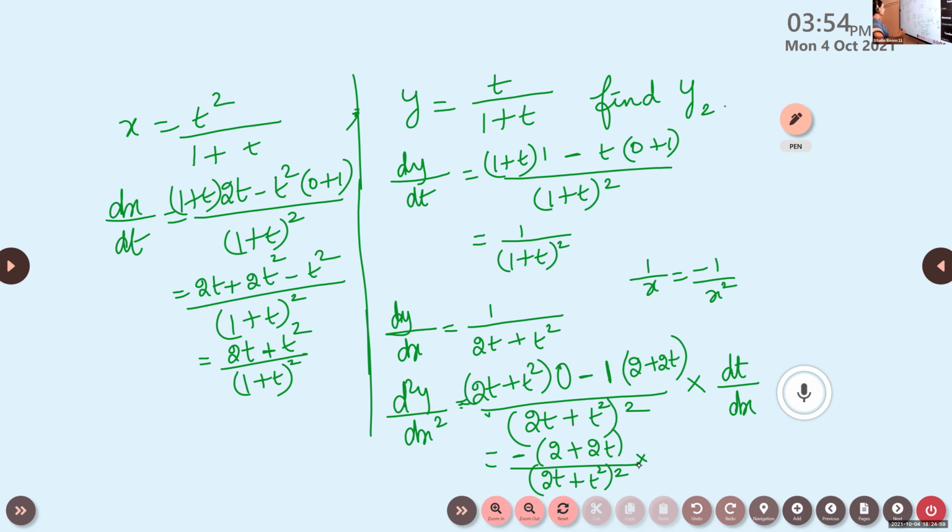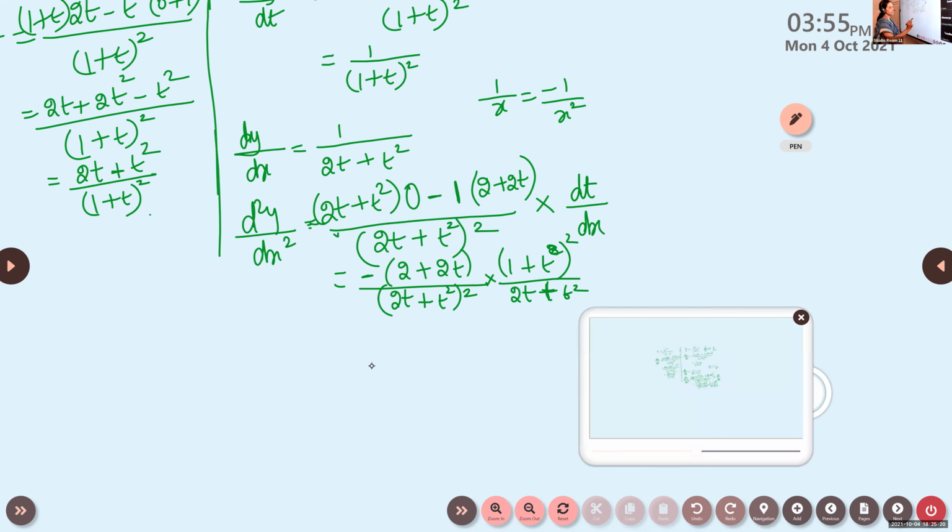What is dt by dx? It's the reciprocal, isn't it? 1 plus t the whole square by 2t plus t square.